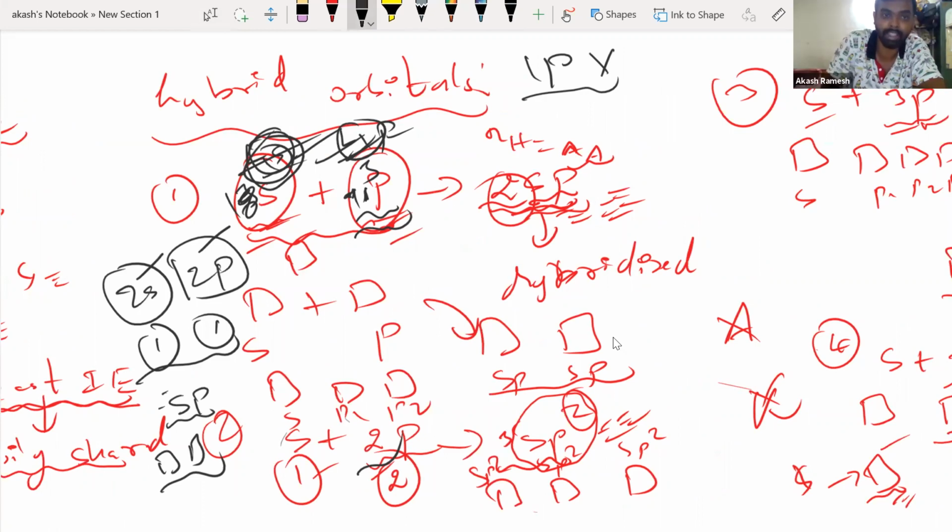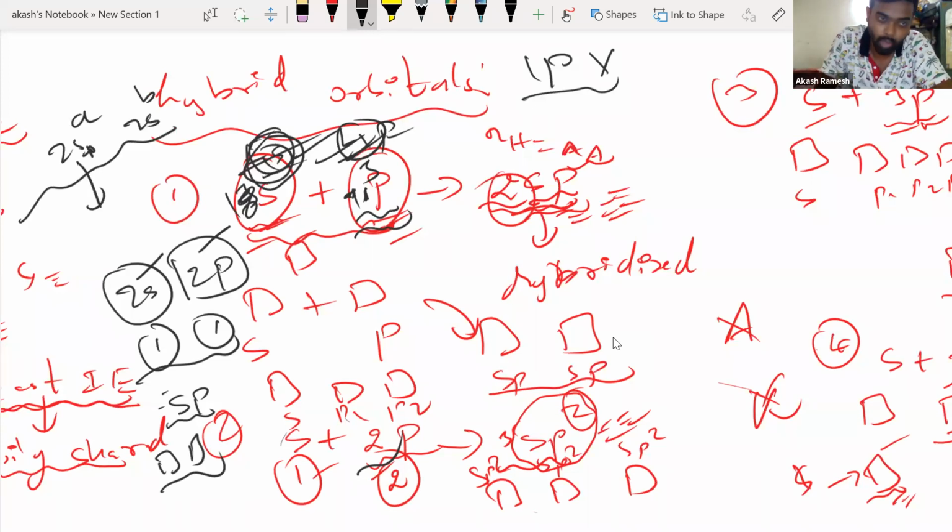Correct. But the thing is, at a time I can take only one s orbital. In the sense that you are telling 2s, say you have 2 s orbitals, 2sa and 2sb. Like this you cannot take, because at a time I can have only one s orbital coming.